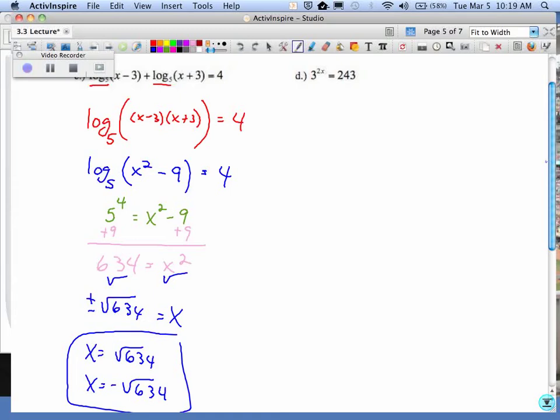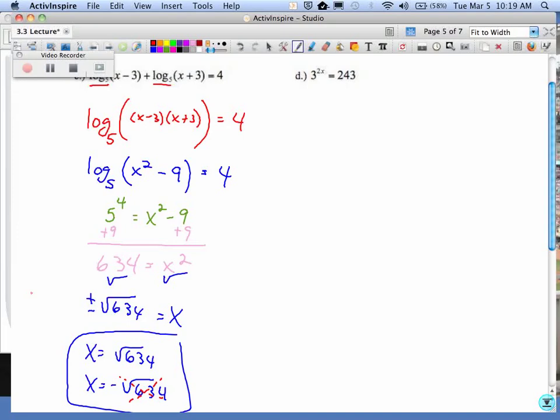Negative 22. But in both cases, we're trying to take the logarithm of a negative number, right? Can you do that? No. So let's get rid of that number. The negative one is not going to work, and I know that because when I plug it back in, it won't check.